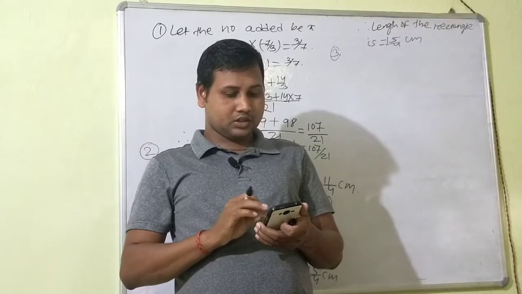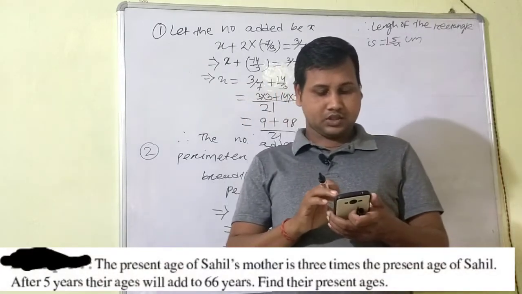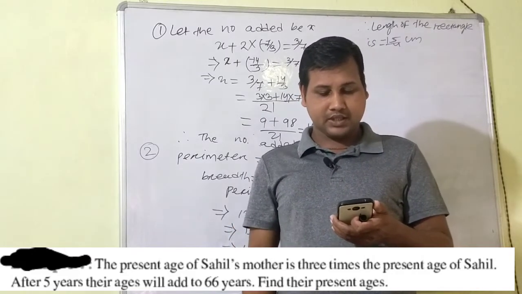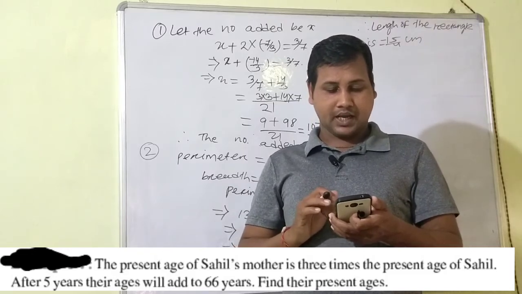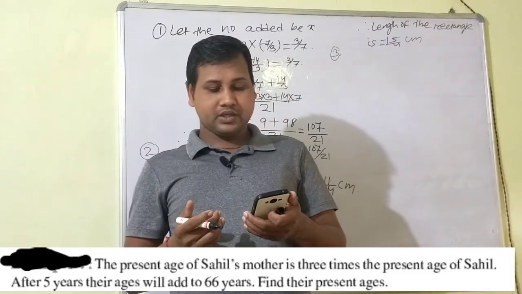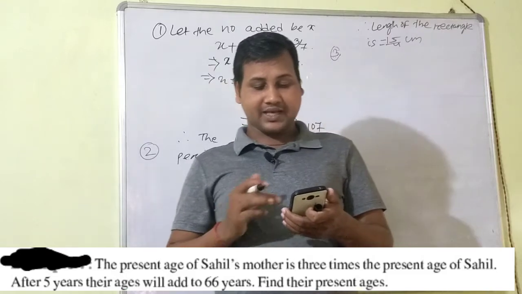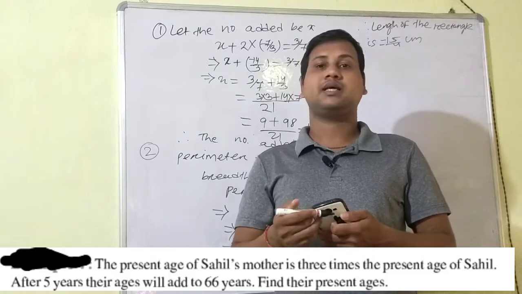Now we will discuss another question, question number 3. Given: the present age of Sahil's mother is 3 times the present age of Sahil. After 5 years, their ages will be added to give 66 years. Present age of Sahil's mother is 3 times the present age of Sahil.